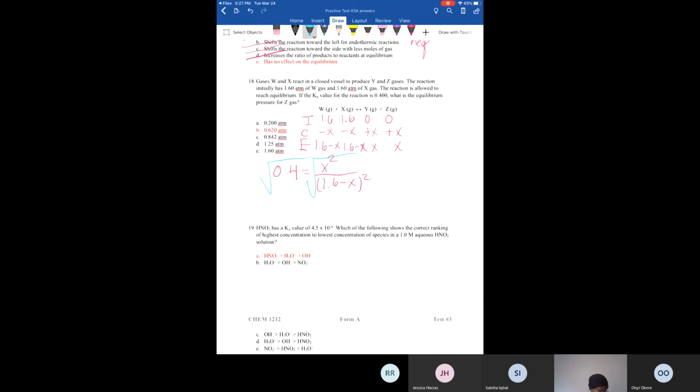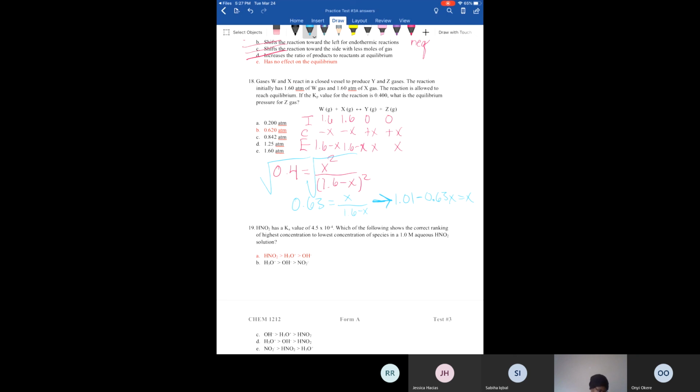So square root of 0.4, 0.63 equals x over 1.6 minus x. That will go to 1.01 minus 0.63x equals x.